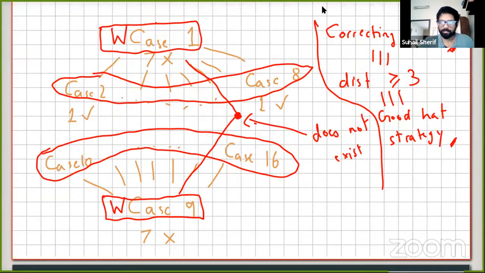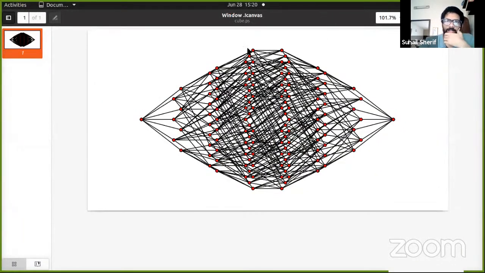So here are the 128 different cases, and each case is connected to another case if they differ in just one hat color. I thought it would look nice, but in hindsight, it probably looks complicated. It's like a 7-dimensional object that we've just flattened onto a 2-dimensional paper.